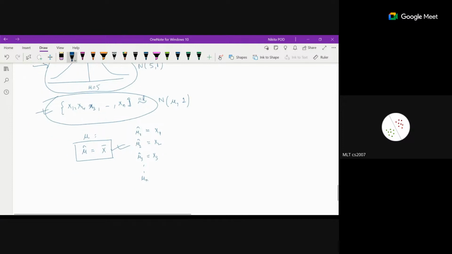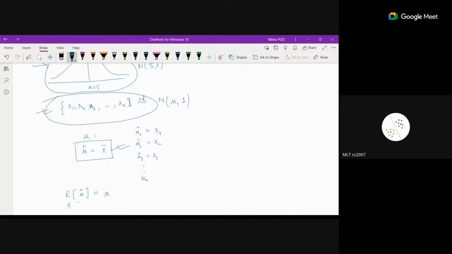Since all of these are valid estimators, we have x1, x2, x3, and so on till x bar. These are all the estimators that we have. And I know that all these estimators are also unbiased, right? Because if I take the expectation of mu hat, we will get mu.